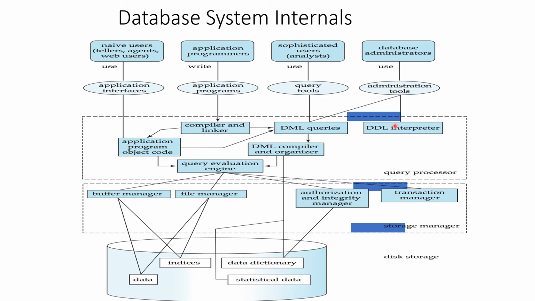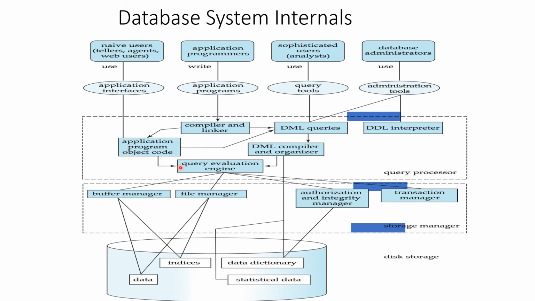Here we have a compiler and linker that is used for compiling and linking the application program. Then we have the application program object code, which comes from the compiled application program. It generates this application program code, where the application interface is able to connect.